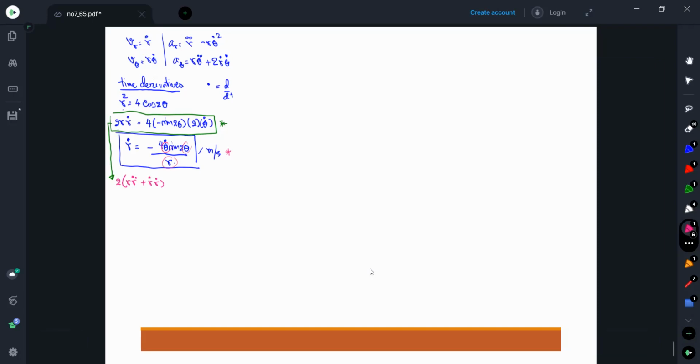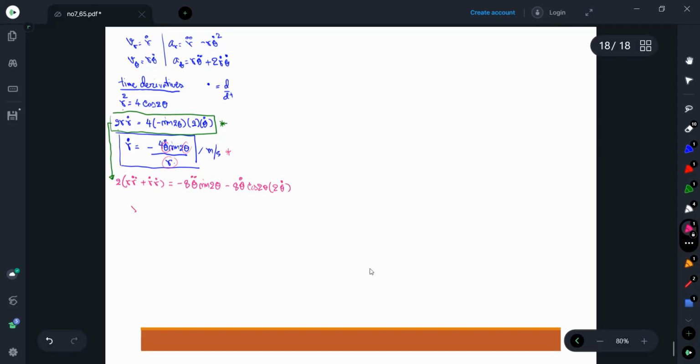And it becomes minus 8 theta double dot sine 2 theta, minus 8 theta dot cosine 2 theta and 2 theta dot, according to the chain rule. We rearrange this equation again.